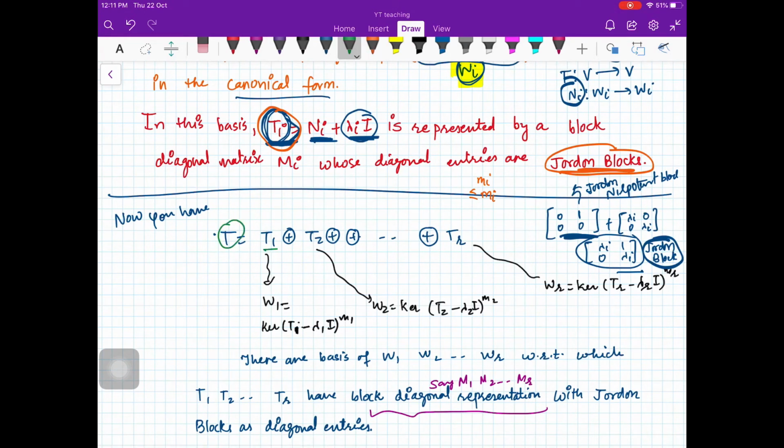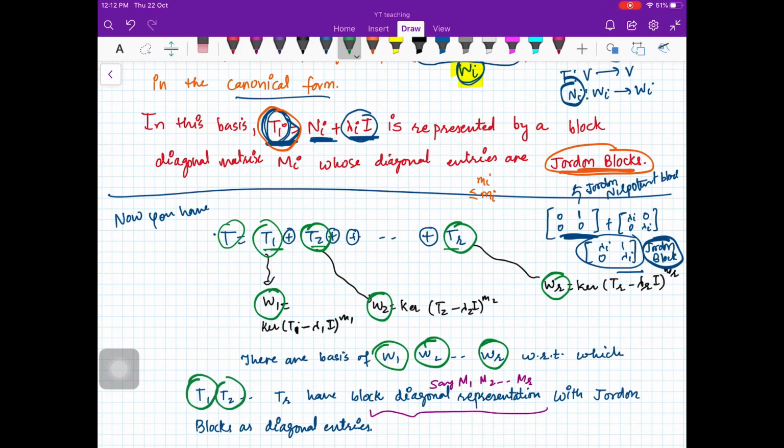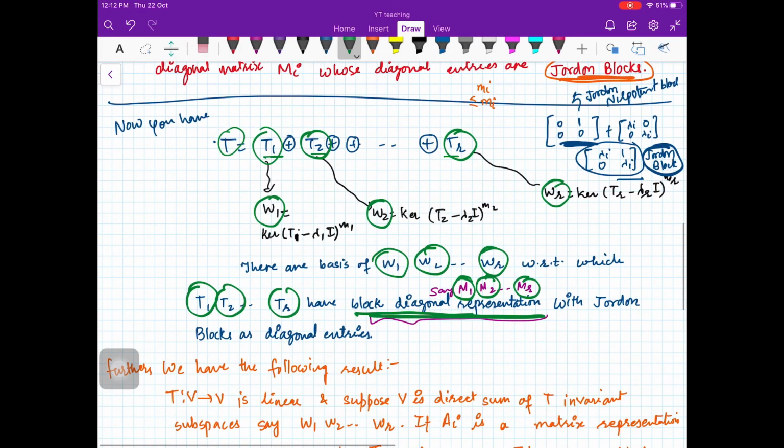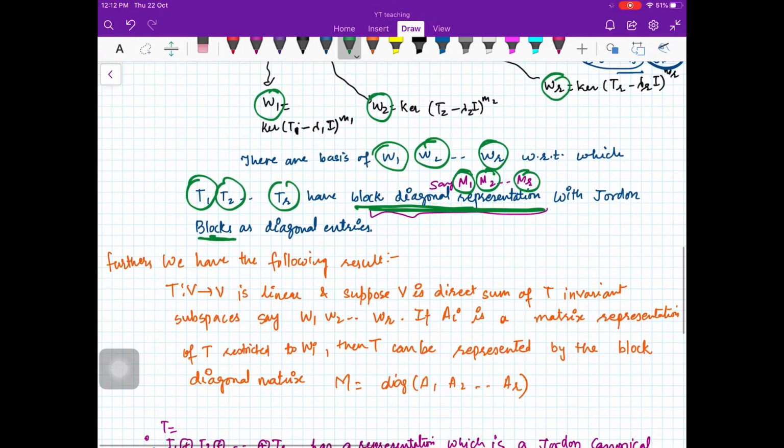We already have seen T is T1 plus T2 plus ... plus Tr, where T1 is restricted to space W1, T2 is restricted to space W2, Tr is restricted to space Wr, and there are bases of W1, W2, Wr with respect to which T1, T2, Tr have block diagonal representations. Let us call these representations M1, M2, Mr.